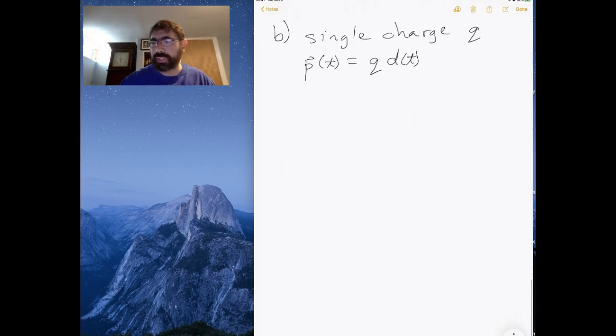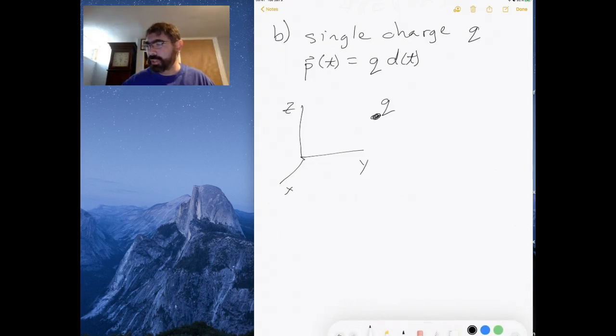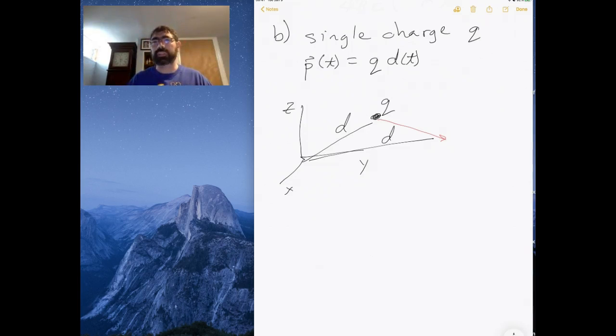If we have our origin right here, and we have our charge Q, this charge is going to be moving a different distance d. So if this is d, now d is going to be time dependent. It's going to change, time 1, time 2.